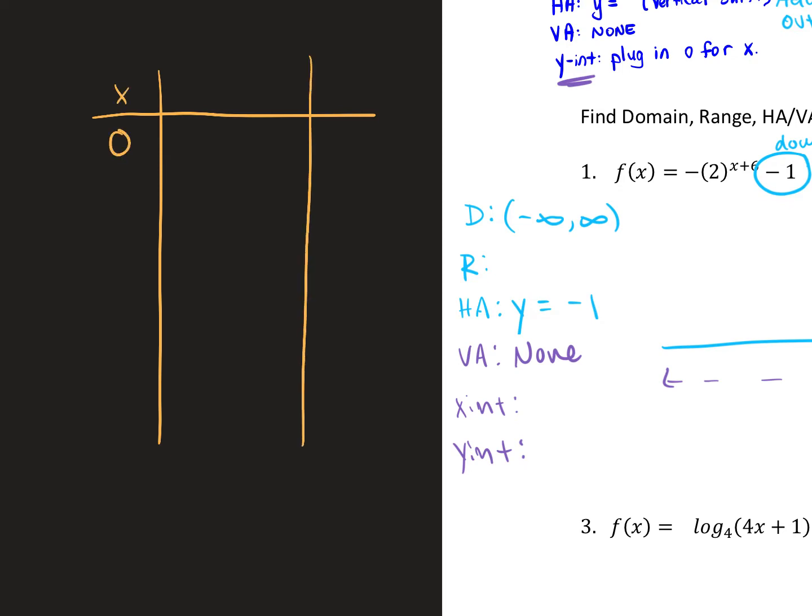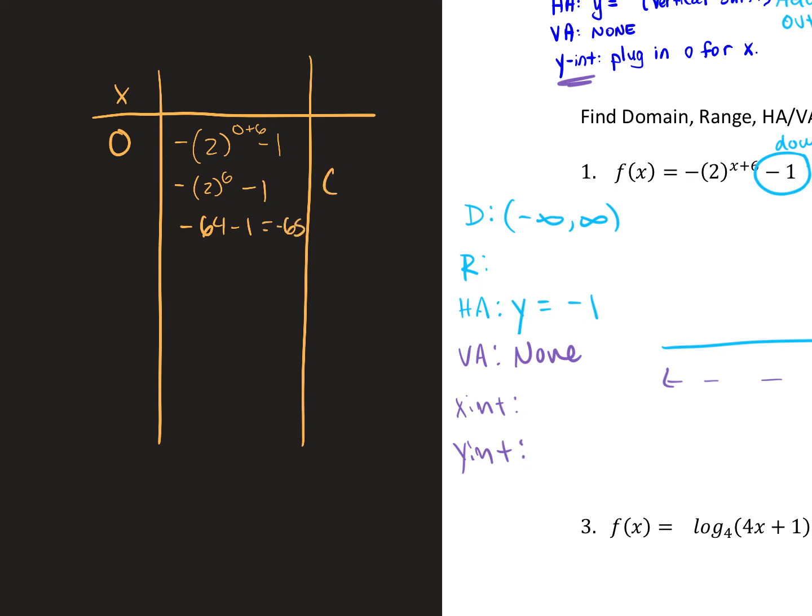So I'm going to plug in 0. I have -2 to the power of 0 plus 6 minus 1. So I'm going to do 0 plus 6 first, which is just 6. What would I have to do next to solve this? What's 2 to the power of 6? So this would be negative 64 minus 1, which is negative 65.